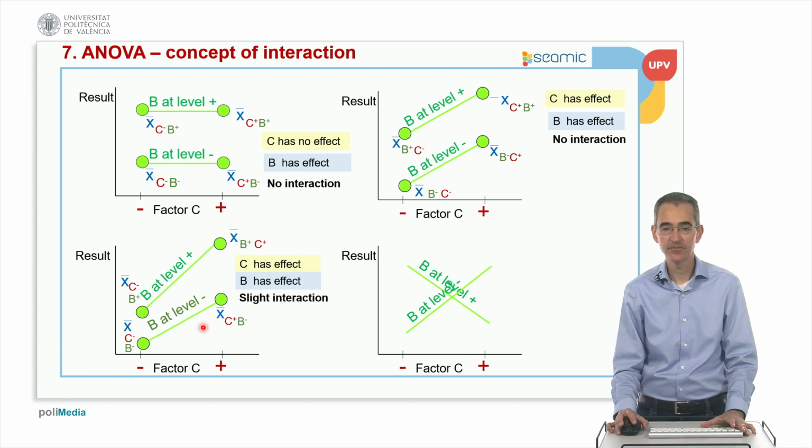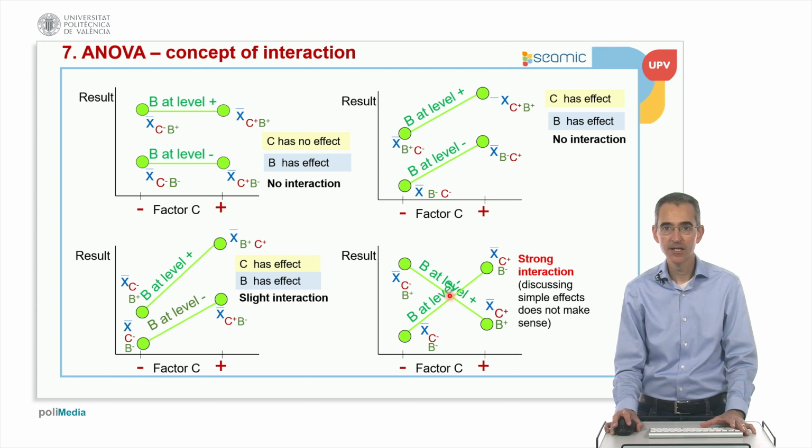But this example is pretty interesting. Why? Because there is no effect of factor B. B at level minus, on average, we get this value. B at level plus, on average, we get more or less the same value. So there is no effect of B. And also C minus, on average, we get this value, and C plus, on average, we get this value.